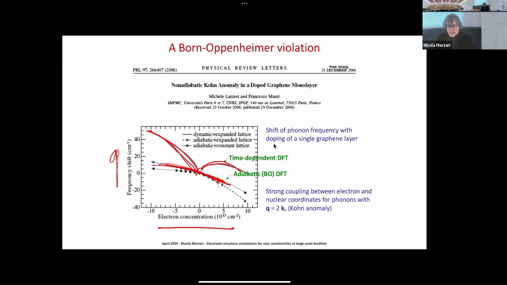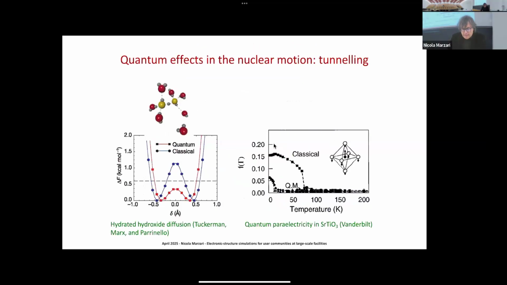So these two were examples, and then we'll stop on this exception of violations of the adiabatic approximation. There are other things that we are not considering: we are not considering the nuclei as having a relevant wavelength. I told you, remember, de Broglie, lambda times p equal to h, so the wavelength of the nuclei is negligible.